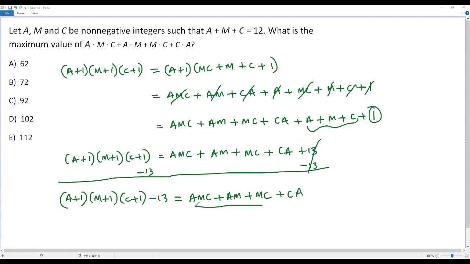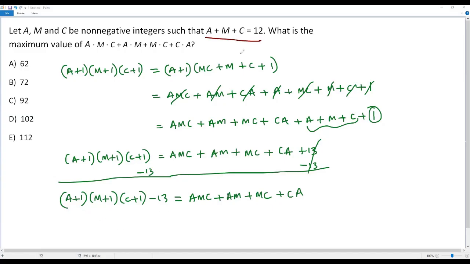Here I got the value of this expression in terms of A, M and C. Since this is equal to this expression, we have to get the maximum possible value for it. To do that, first we have to get the maximum possible value of this product. When this product is maximum, and we subtract 13 from it, we'll have the maximum possible value for this expression.